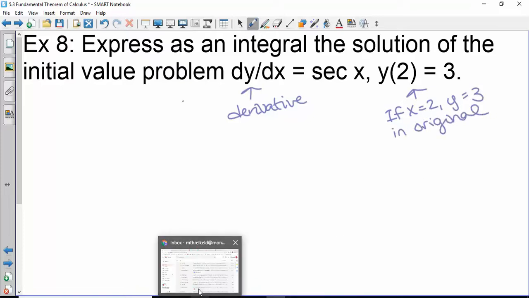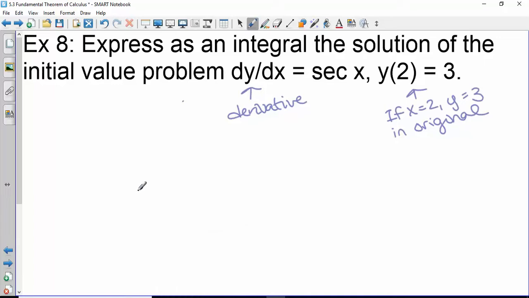Okay. So I'm asking you to write this as an integral. So that the derivative is equal to secant of x.